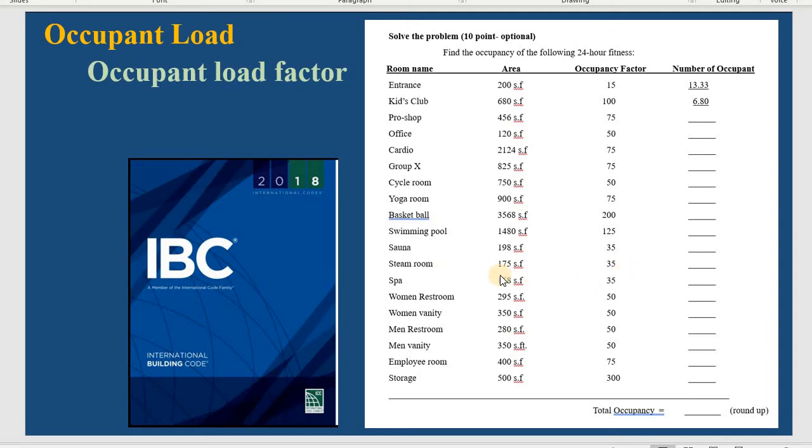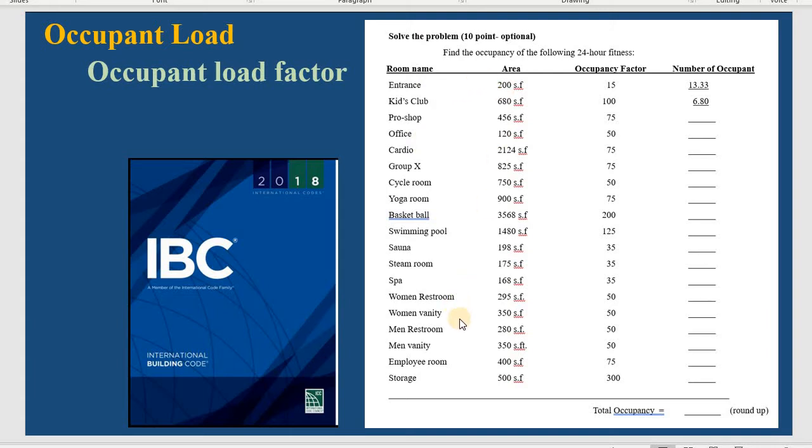So that's why when you go to 24 Hour Fitness or the steam room, you can see that there are not many people inside, because they need 35 square feet for one person. This is one example where you can look at the occupant load and occupant load factor.